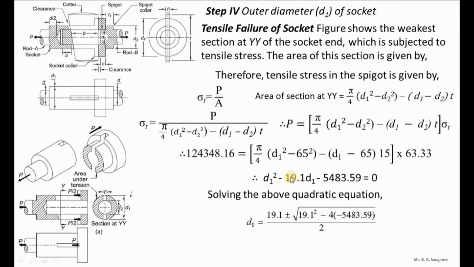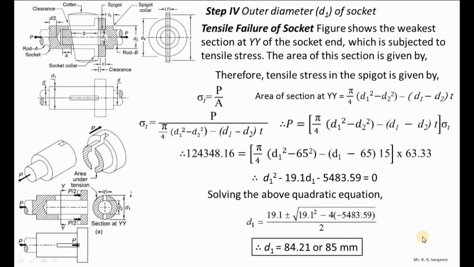Again the value of b is negative, so it will be plus for the square, minus 4 into a, the coefficient of d1 square is 1, that is why I have not mentioned it here. A into c, c is minus 5483.59. After dividing by 2a, actually again a is 1, after simplification I found that d1 is 84.25 mm. Okay, 84.21 mm. So I have rounded it to the next digit, 85 mm.